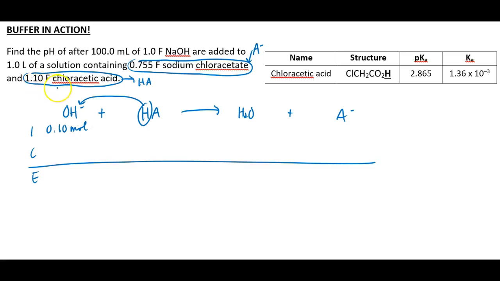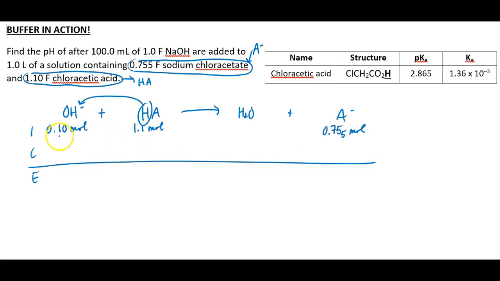And how many moles of HA do we have in solution? Well, if you have 1 liter of 1.10 molar, wouldn't that be 1.1 moles of HA? And then how many moles of A- do we have? Again, if you have 1 liter of 0.755 molar, wouldn't that be 0.755 moles of A-?